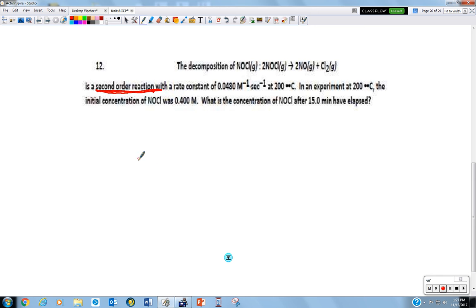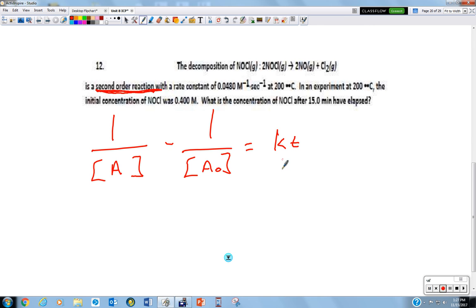So in this one, and I'm not going to do it, I will just set it up. 1 over A minus 1 over A naught equals KT. All right. No, this one is not, because you've taken care of that with the reciprocal over here.